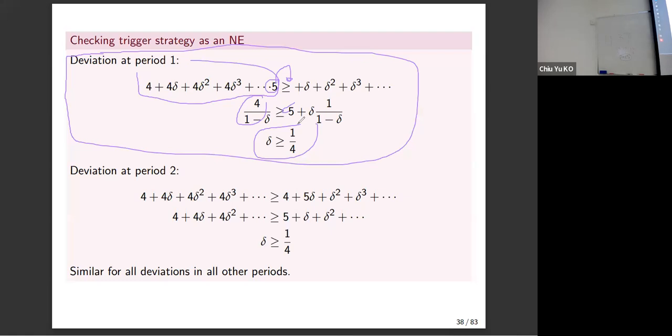This is checking the first period, right? Because for subgame perfection, you have to check your strategy, and your strategy involves a choice every period. So you have to check the second period, whether you want to deviate. But remember, every period is the same, right?